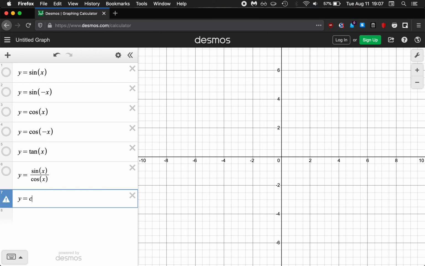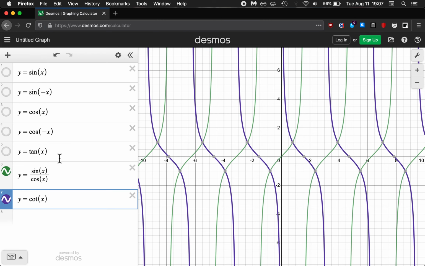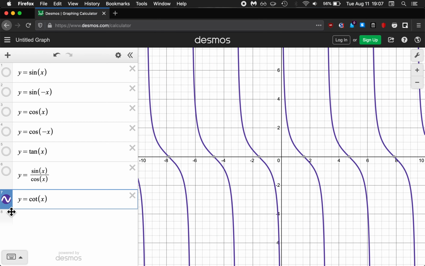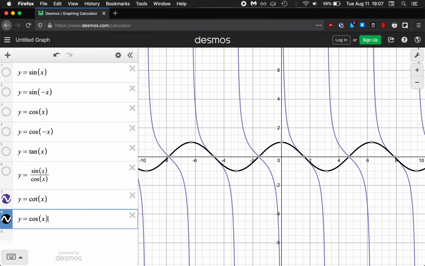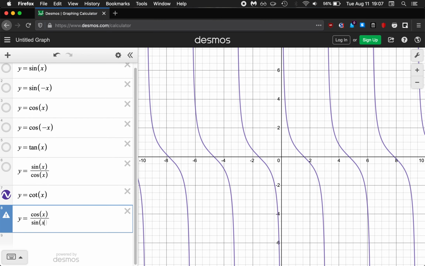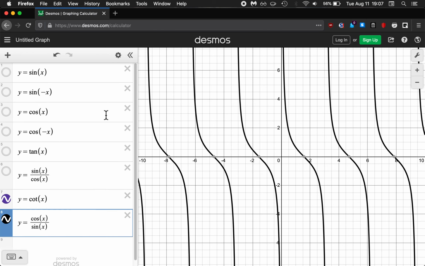So y equals cotangent of x, and we get pretty much just the opposite shape of the tangent function. And what's going on there is that the cotangent function is exactly cosine divided by sine. So now, right, I've overlaid it. Those are the same function.